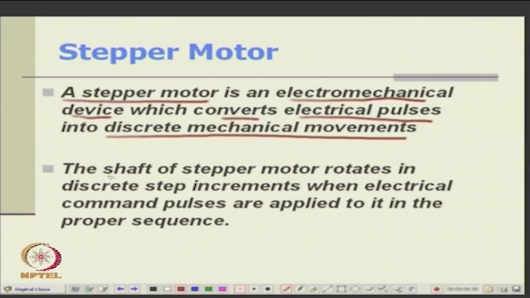Now, the point is the shaft of a stepper motor rotates in discrete steps, increments, when electrical command pulses are applied to it in proper sequence. So, you expect if you pass one pulse it moves a certain angle, two pulses a certain angle, maybe 100 pulses a certain angle. So, you can make it any angle or any number of rotations.